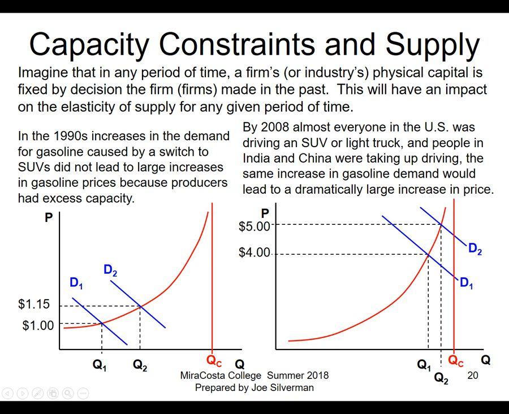So you started seeing surges in demand caused by China all of a sudden becoming a member of the WTO and being integrated in the world economy. In the United States, everybody had to have an SUV or a light truck or a minivan. And so increases in demand were showing up almost entirely in price and not so much in quantity.